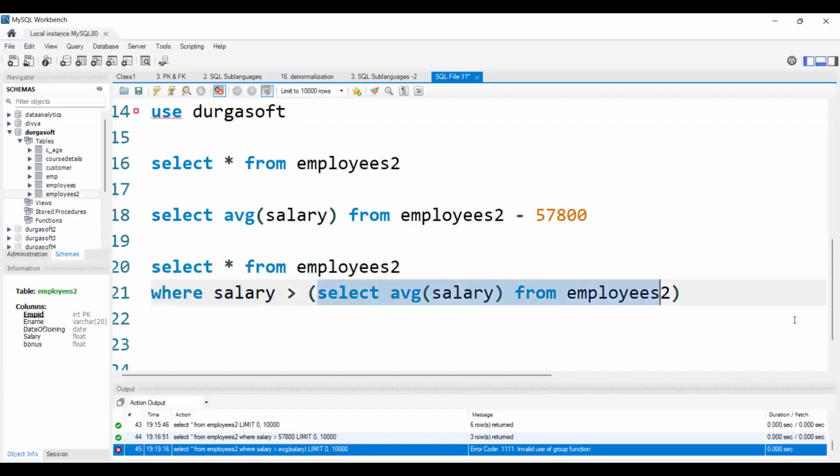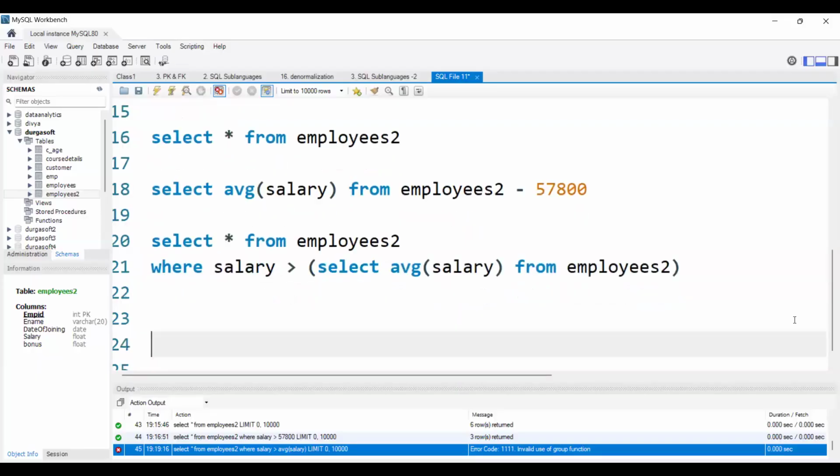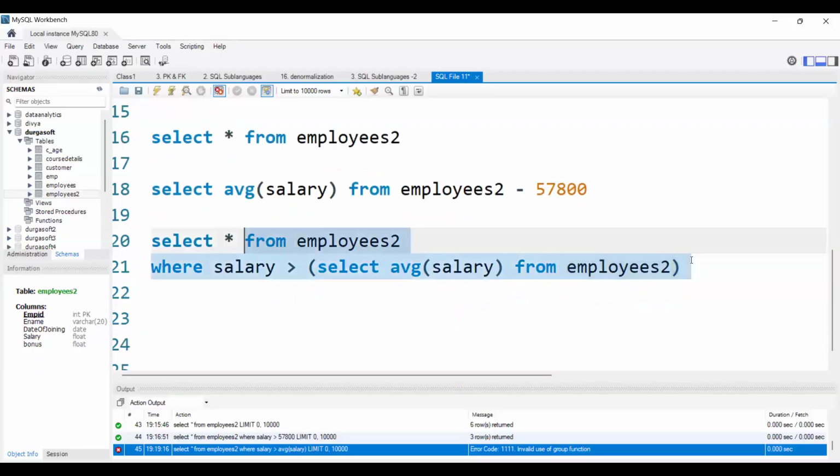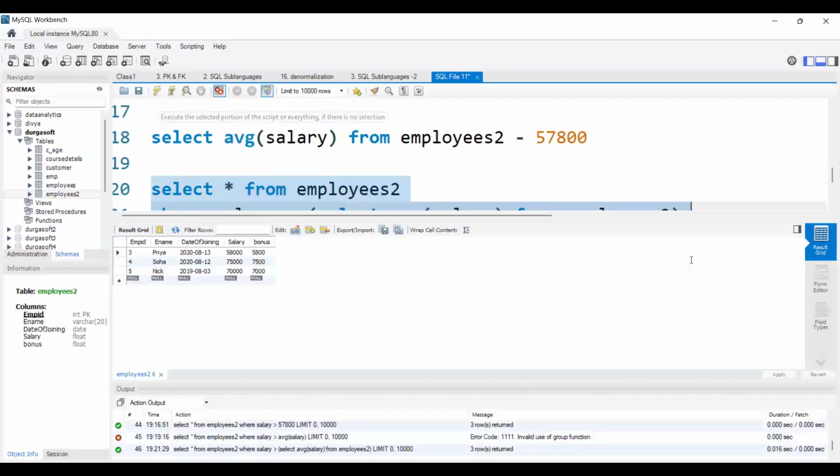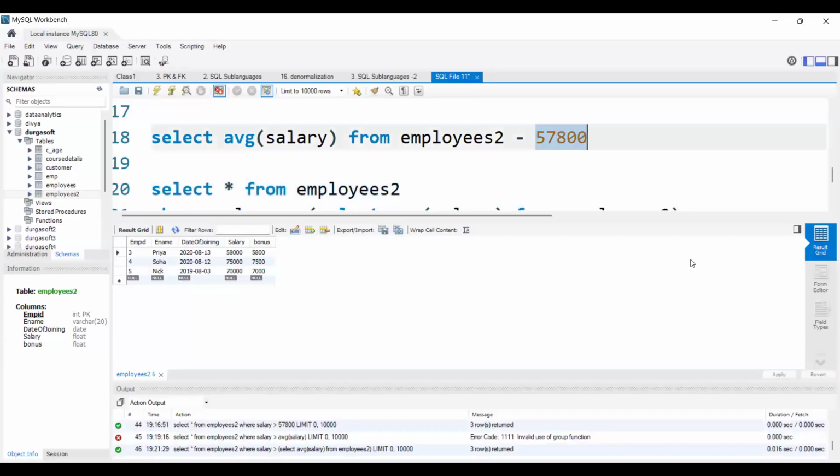This is one query, and because I'm using the select command, once again I'm writing a query inside this query. Now let's execute this. See, again I got the data, and this data is greater than 57,800 only, the same output which we got previously.